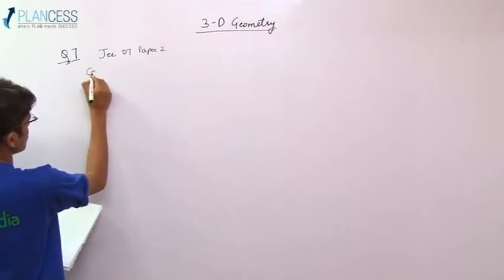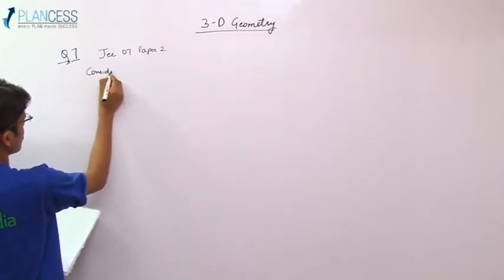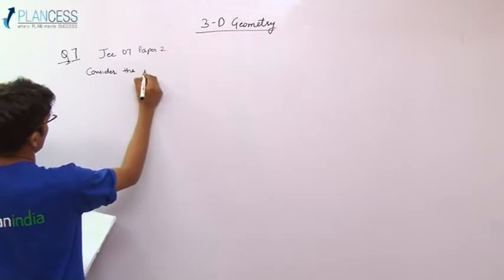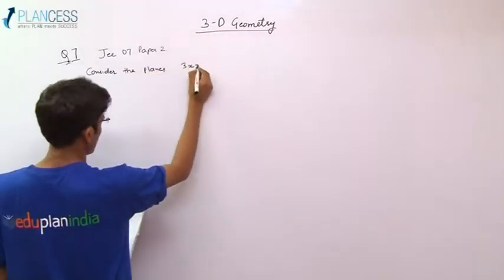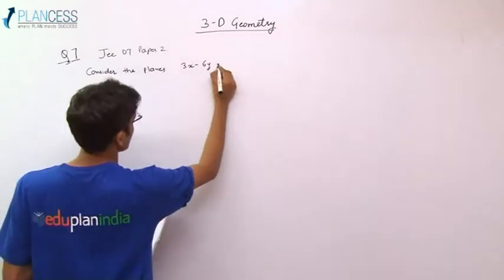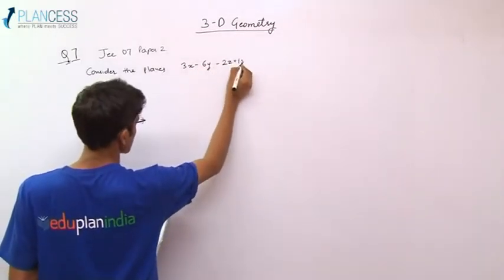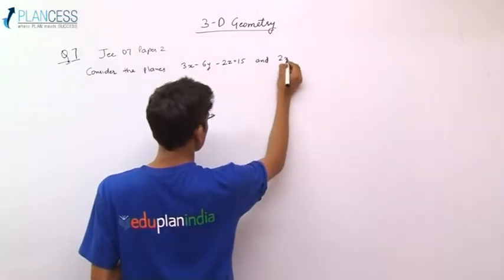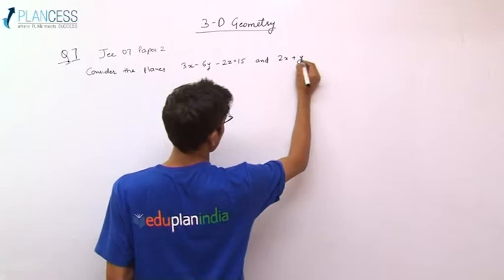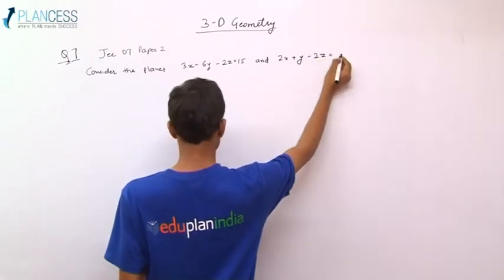This is an assertion reason. Consider the planes 3x minus 6y minus 2z equals 15 and 2x plus y minus 2z equals 5.